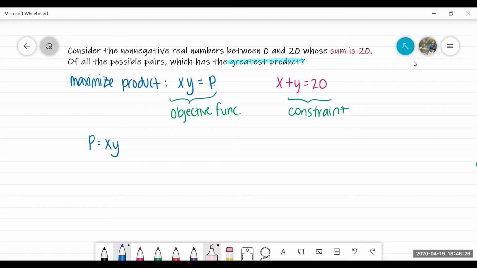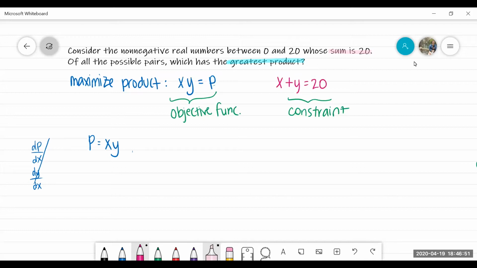Do you remember doing things like dp dx and dy dx, right? It's kind of more than what we want here. So we actually want to avoid that. We don't want to have to do this here. And that's where this constraint comes in. If we can find a way to rewrite this so that our original or our objective function is only in one variable, that helps us out quite a bit.